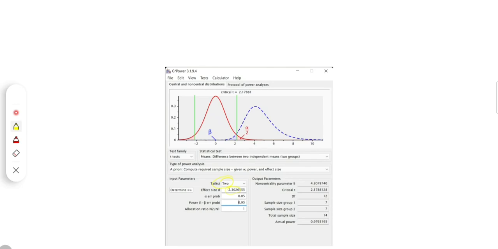Alpha is 0.05, power is 0.9, okay. So these 4 values we have to put, and then after calculating we get our sample size, okay. Here it's showing 7, one group 7, second group 7, total 14, okay. That's the G power software, simple.